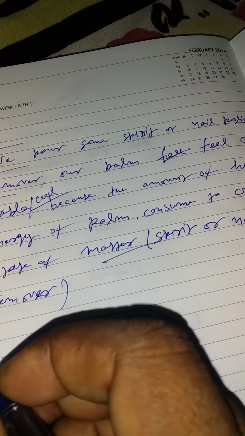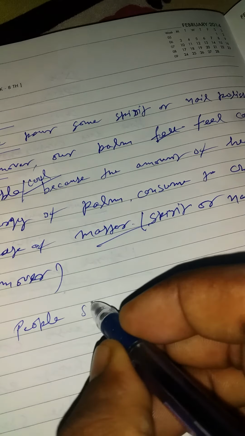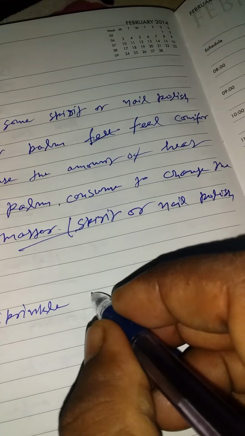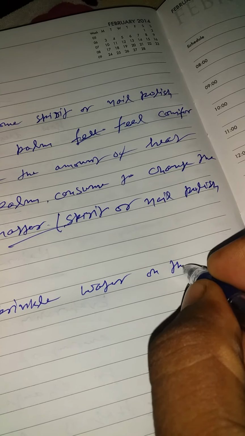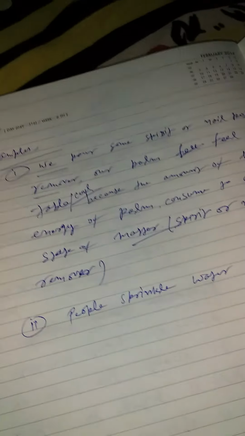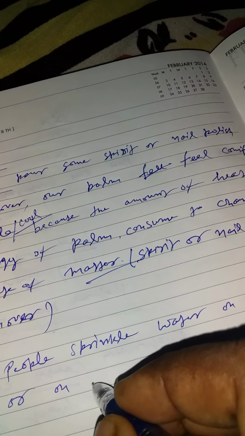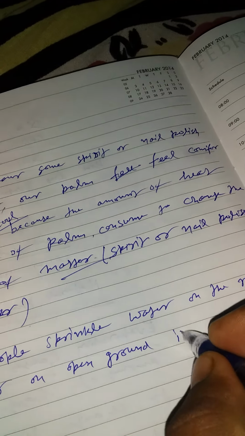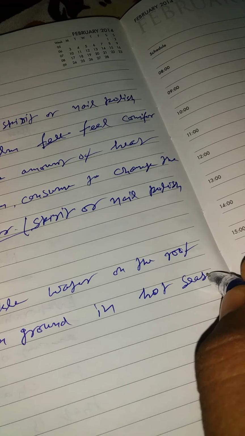Second one: people sprinkle water on the roof or on open ground in the hot season.